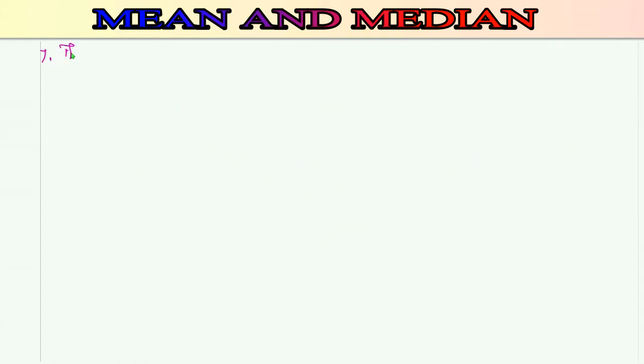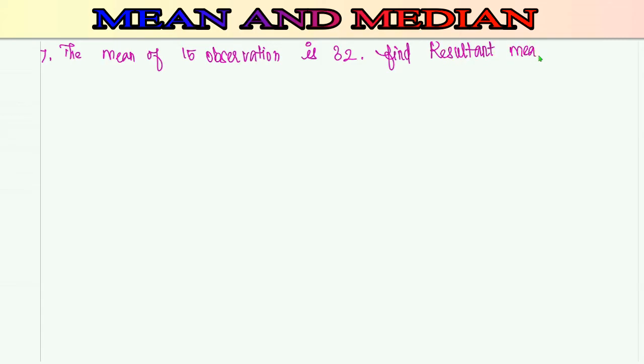Question number 7. The mean of 15 observations is 32. Then we need to find the resultant mean if each observation is, the first one, increased by 3.